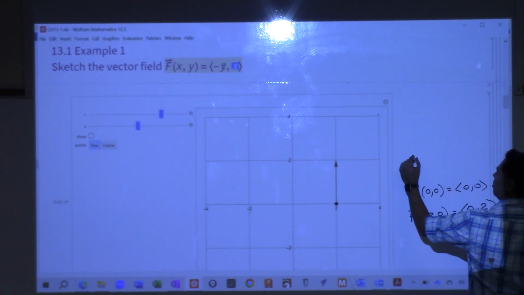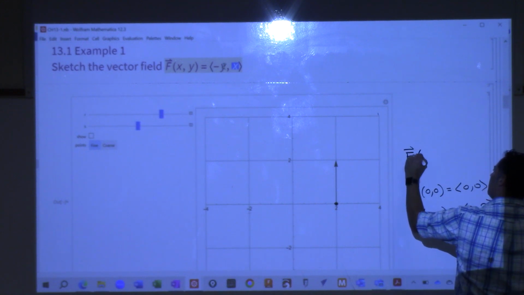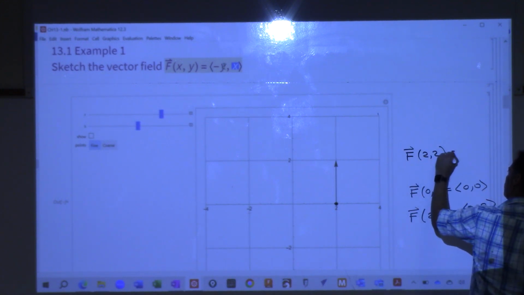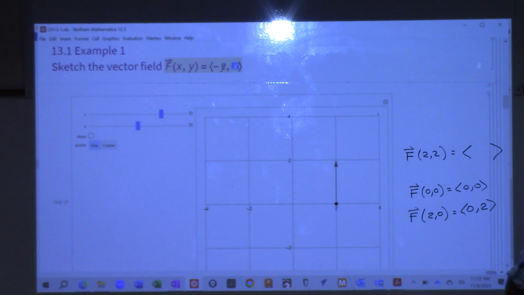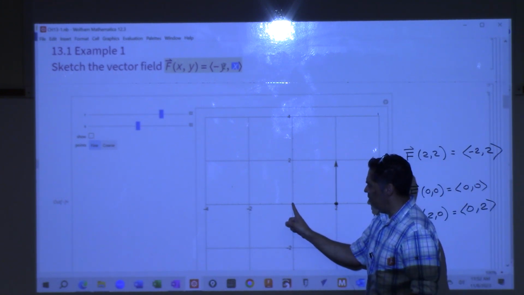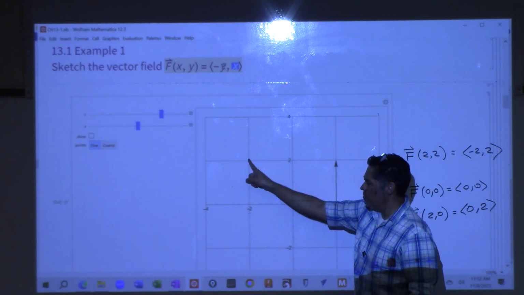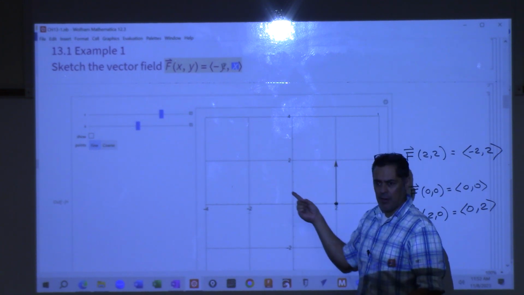What happens if we do f of 2, 2? Negative 2, 2. So what does that vector look like? Negative 2, 2. So if you start at the origin, you go negative 2, 2. It would be that vector going from here to here, right?